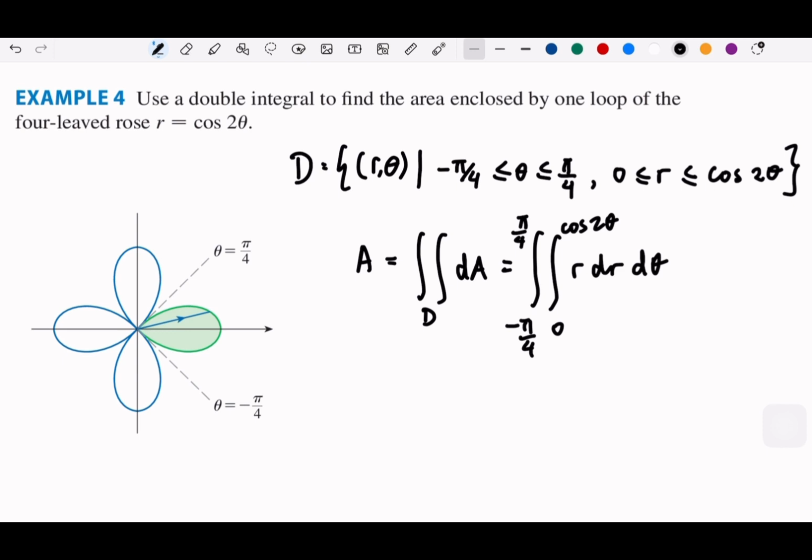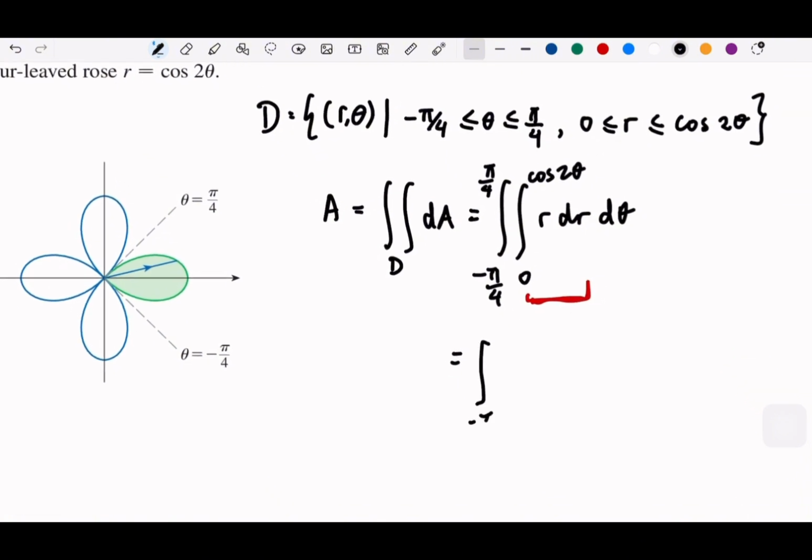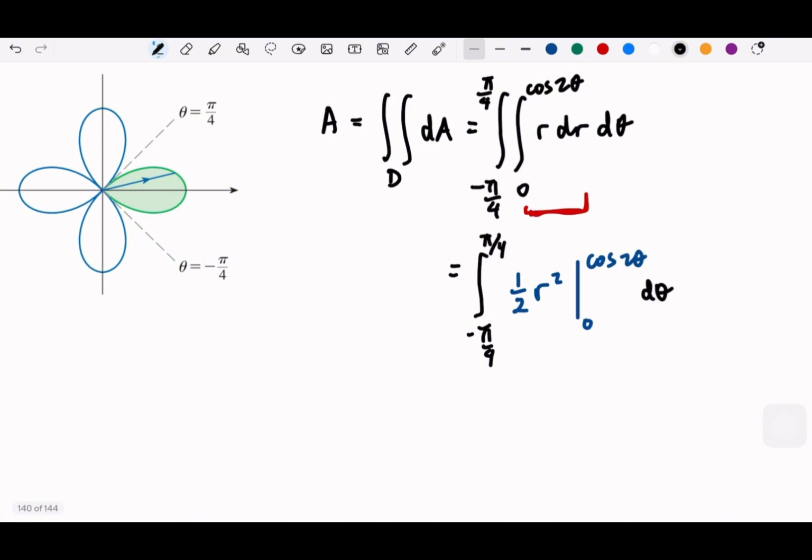So first we need to deal with this inside integration, r dr. So this will be half r squared, evaluated from 0 to cosine 2 theta. And then this will be half cosine squared 2 theta d theta.